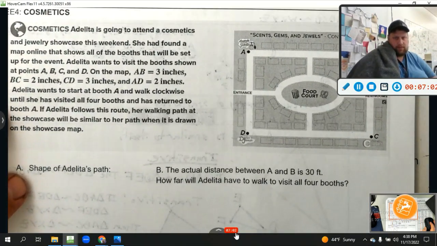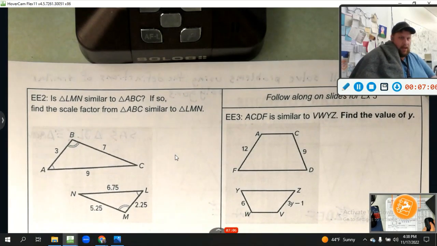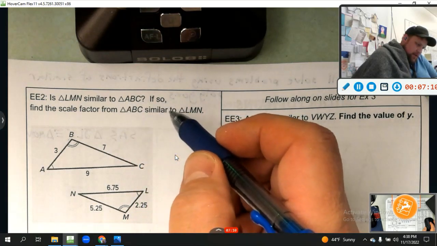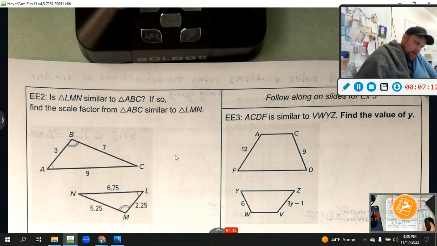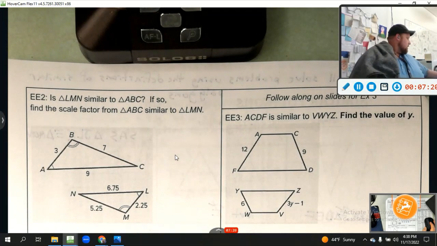Okay, so number one, let's match sides here. Sometimes a highlighter will help you. We want to know, is LMN similar to ABC? So L should match with A. You see one angle mark there, one angle mark there.